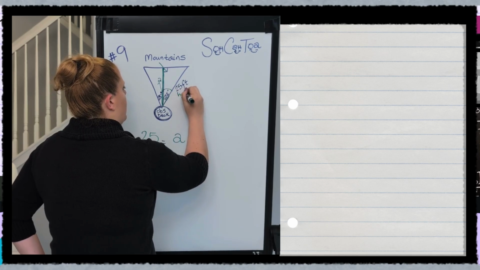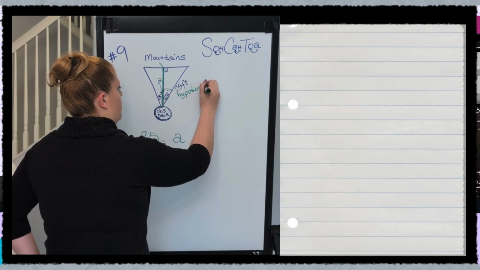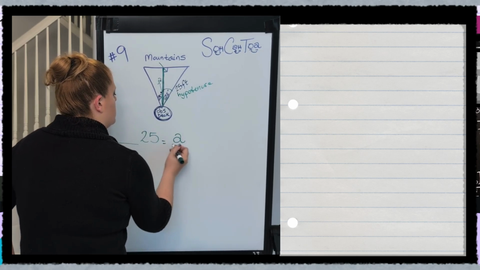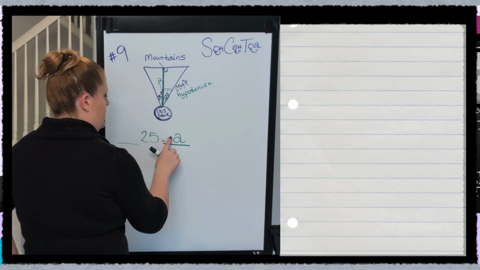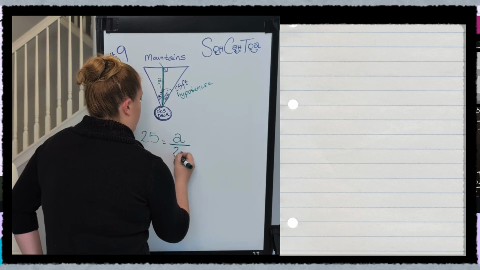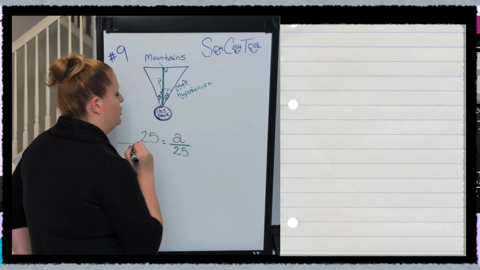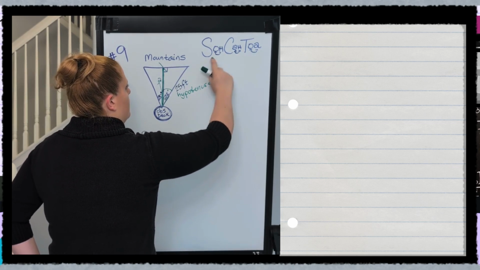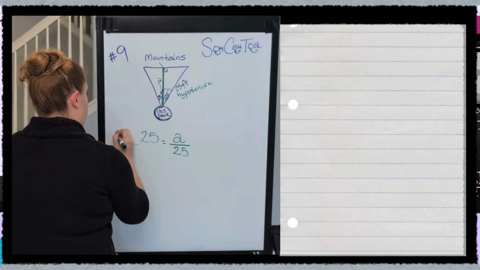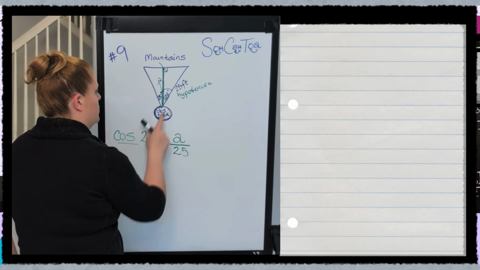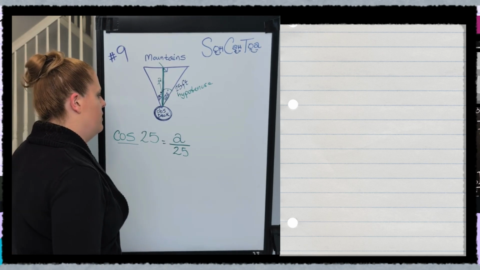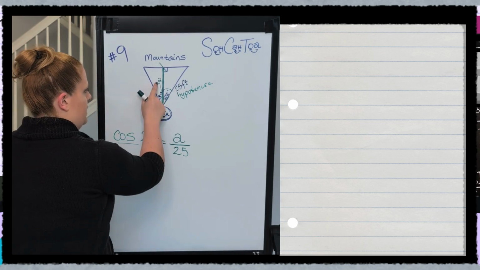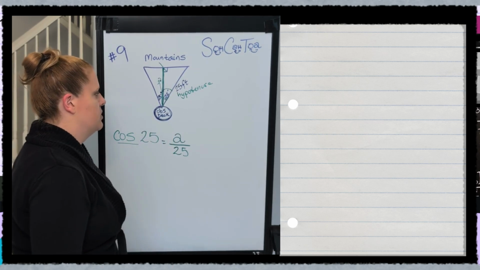So this is our hypotenuse. I'm going to write that out, okay? So if I'm dealing with the adjacent and the hypotenuse, I am using cosine. Cosine of 25 is equal to the adjacent over the hypotenuse.